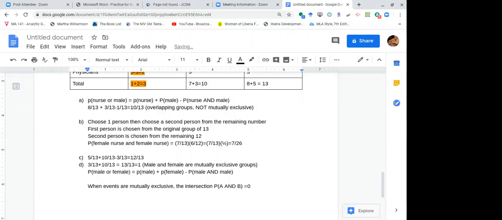That's what makes them mutually exclusive events. Okay? The probability of A and B is equal to 0. When they're mutually exclusive, they can't happen at the same time. Right. Okay? Clear? Yes.